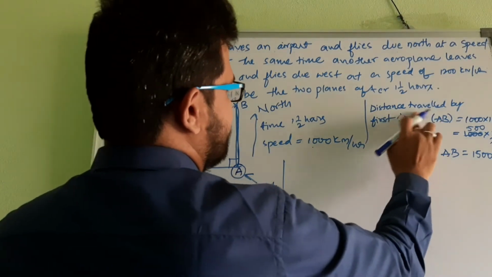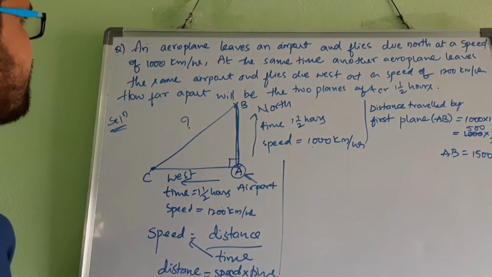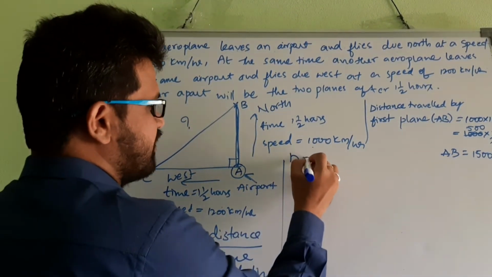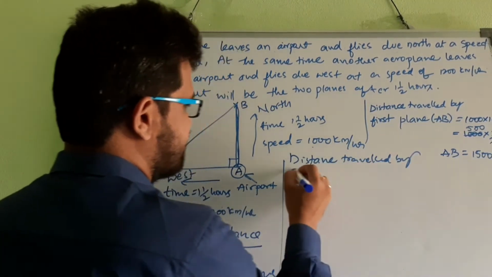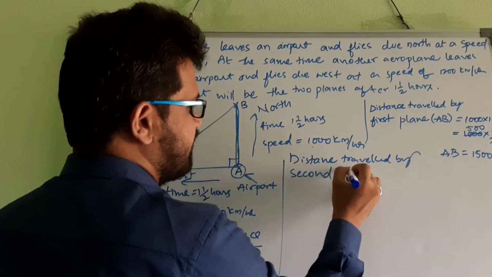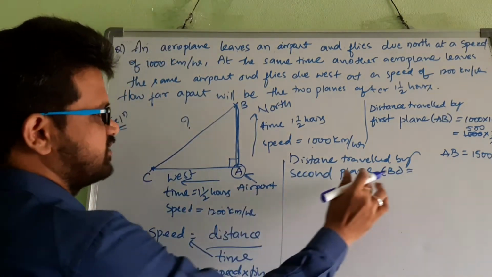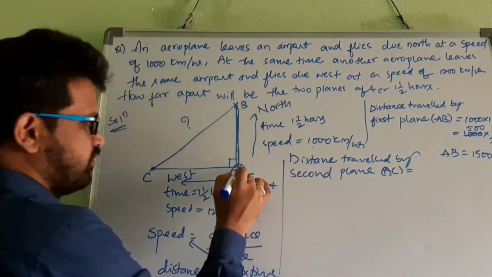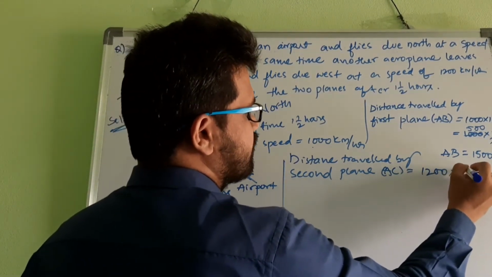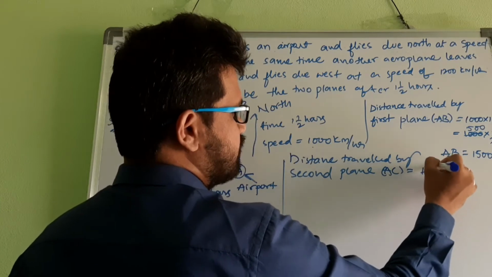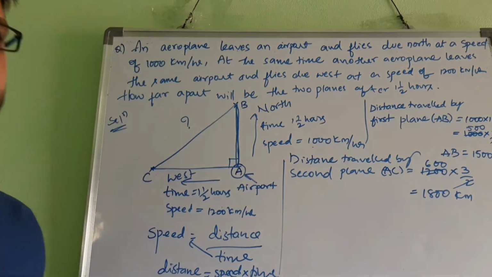Next, the distance traveled by the second plane, that is AC, from A to C, is 1200 into 3 by 2. 2 6s are 12, so 1800 kilometers.